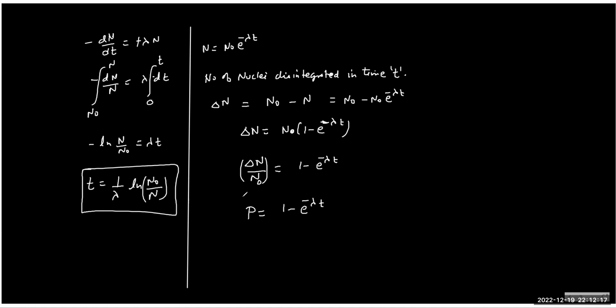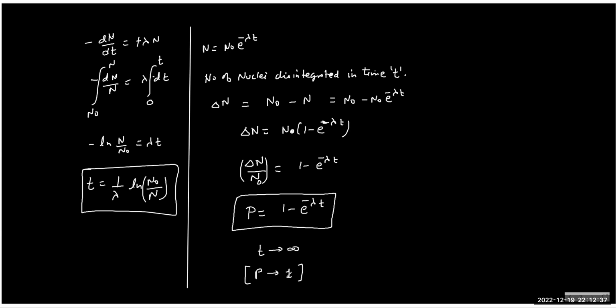This is the probability over the time t. And you can clearly see that if t tends to infinity, the probability tends to 1, which is logical also, because after infinite time, we will assume that all of the nuclei will disintegrate.